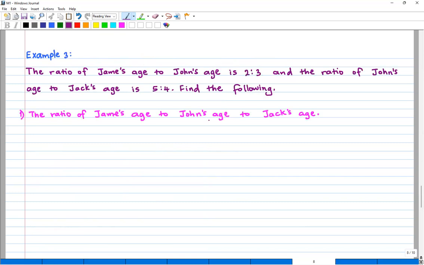Okay, let's begin with part 1. What do we have? James's age to John's age is 2 to 3. John's age to Jack's age is 5 to 4.